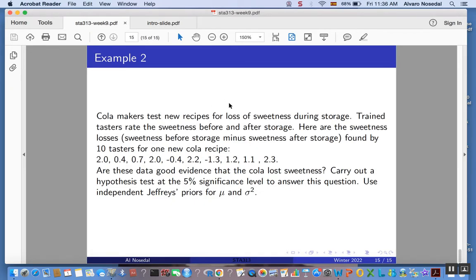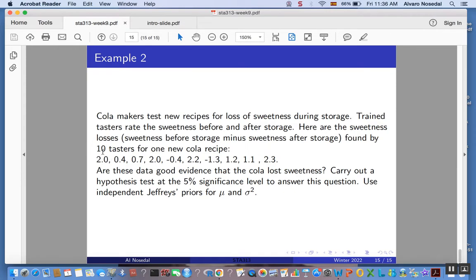So this is the example that we're going to be doing here today. The random variable of interest is sweetness loss. It's going to be computed as the difference between a score given before storage minus the score given after storage for a soft drink. So we have 10 observations.